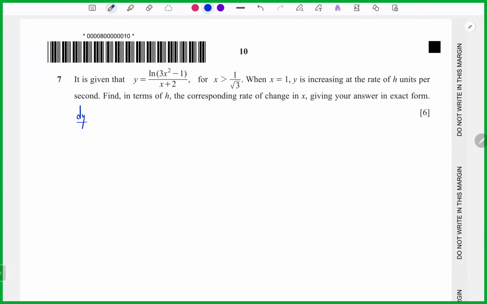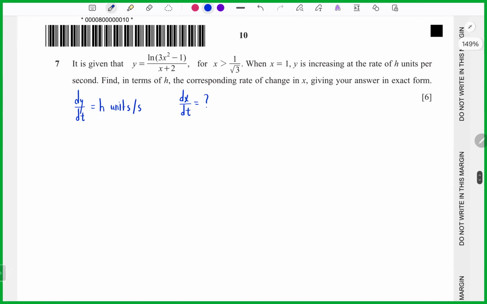dy over dt equals h, h units per second. And then now you need to find dx over dt. So what is your dx over dt here? You see the question asks for the rate of change, right?